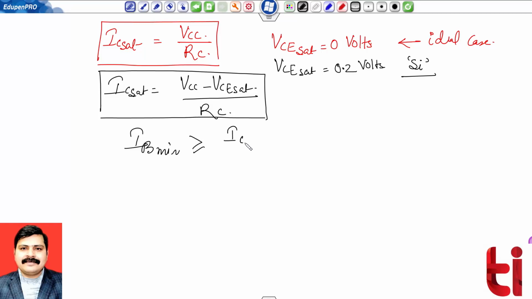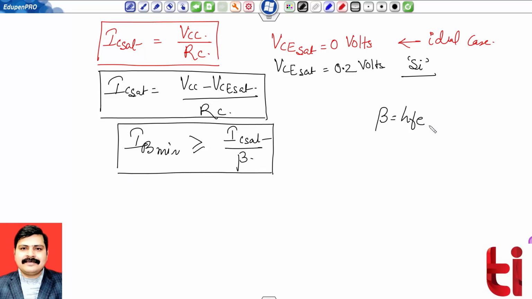greater than or equal to IC sat divided by beta, where beta is my forward current gain or current amplification factor. Beta is termed as HFE, or the forward current gain for the transistor, and this is one of the important specifications of a transistor.